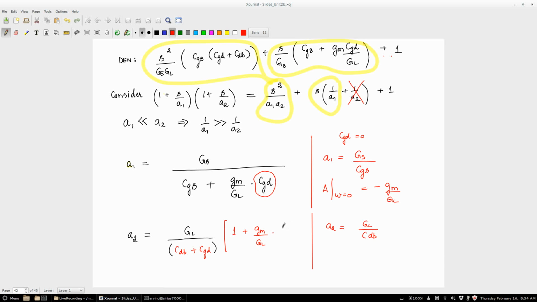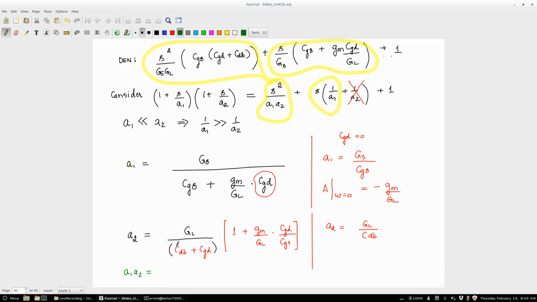So A1 becomes, if I remember it, you get CGS plus CGD times 1 plus, and what's next to it? GM by GL into CGD divided by CGS. Can all of you get this? No, this is correct. This is A1, this is A2.